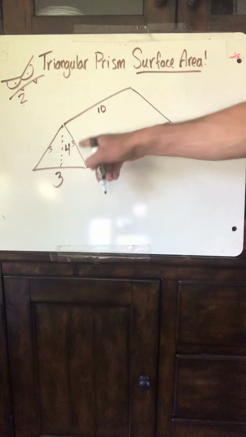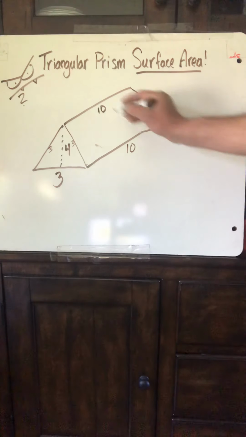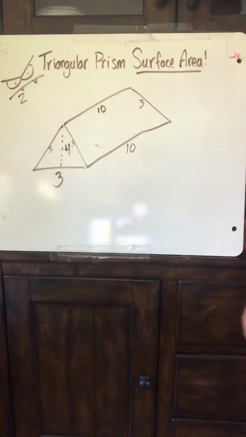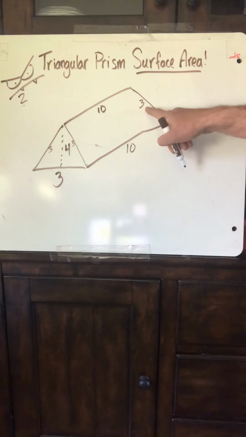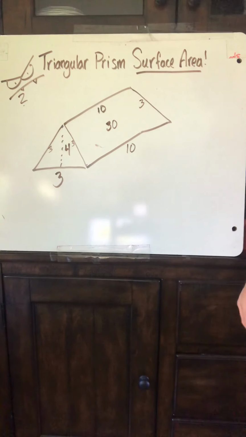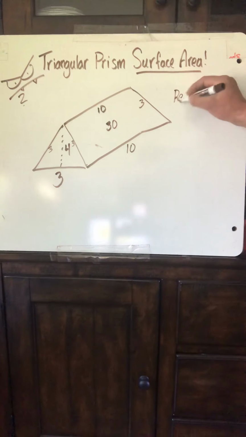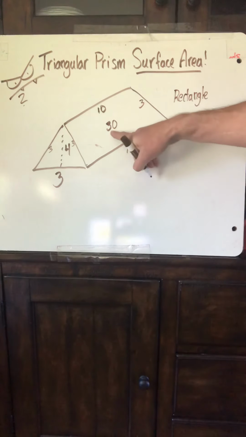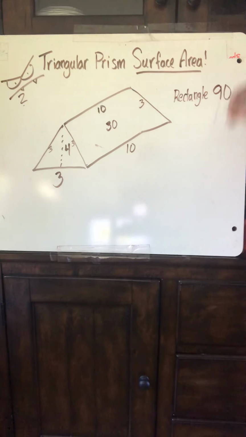So 3, 3, and 3. So if this is 3, then this is 3 as well. So 10 times 3 is 30. And just like the last one, how many rectangles were there? 3. So 30 times 3 is 90.